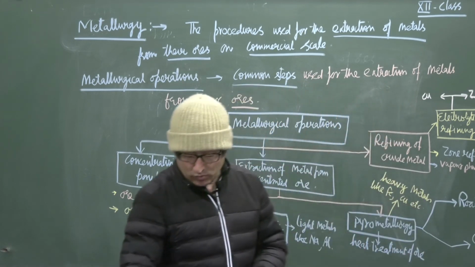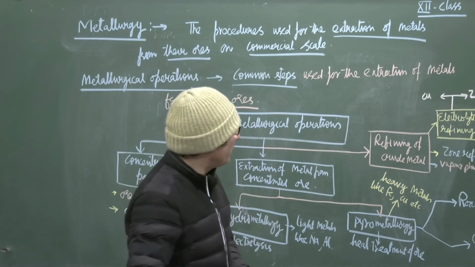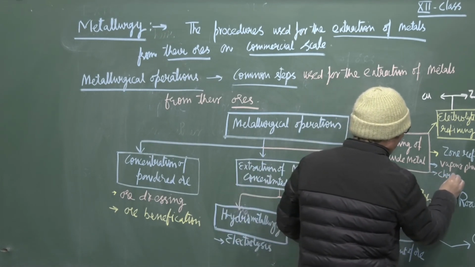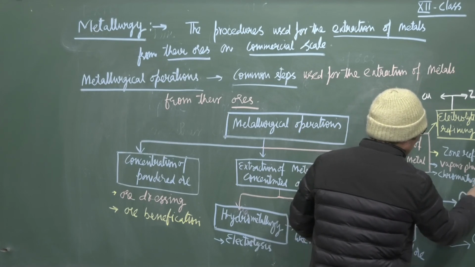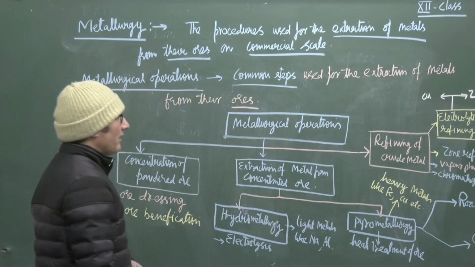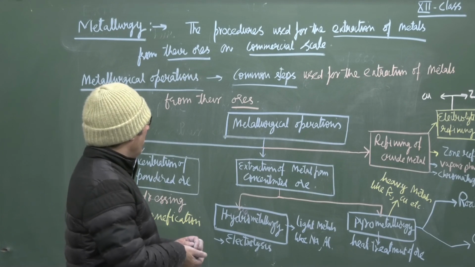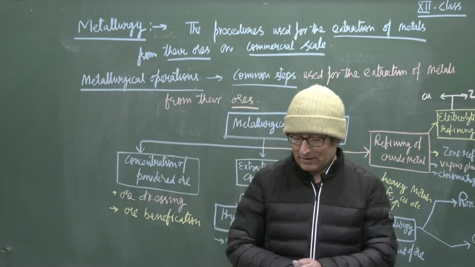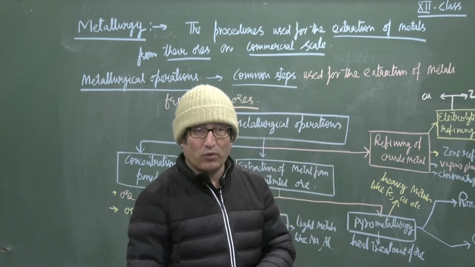And then there is one more, chromatography. All these refining methods will be clear to you when we individually take up the extraction of metals like iron, copper, silver, zinc, aluminium from their respective principal ores.